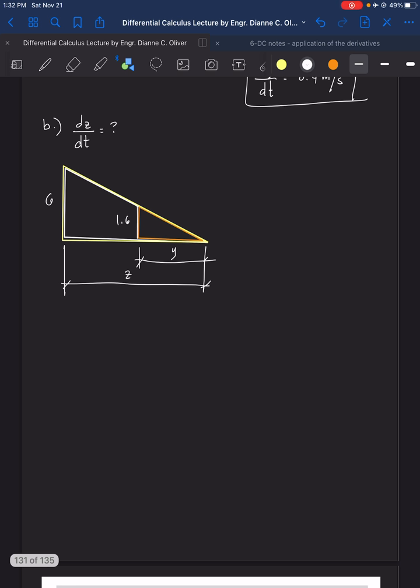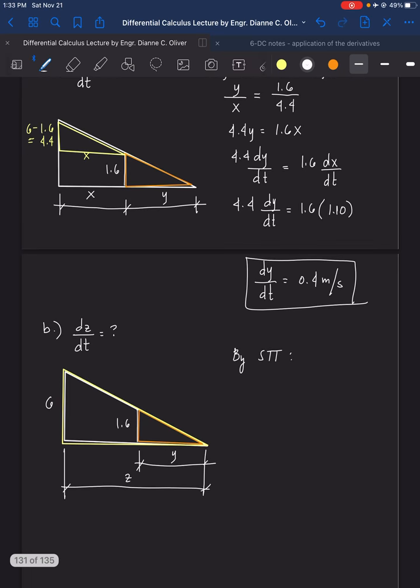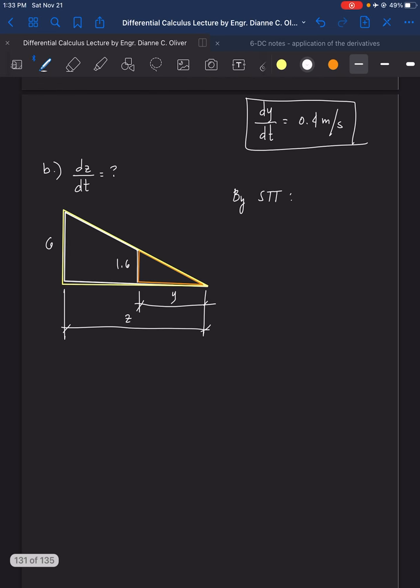So by similar triangle theorem, we have their base over the base.